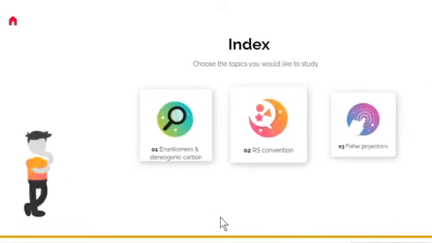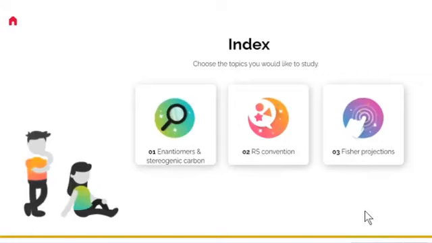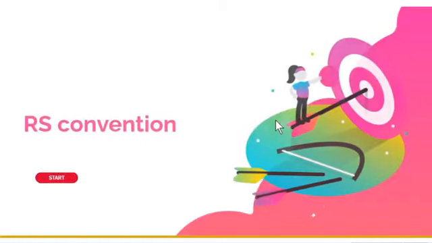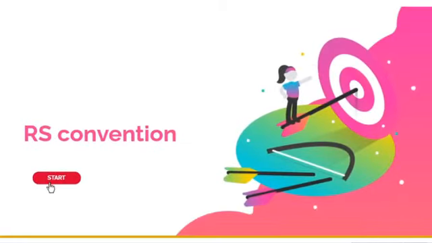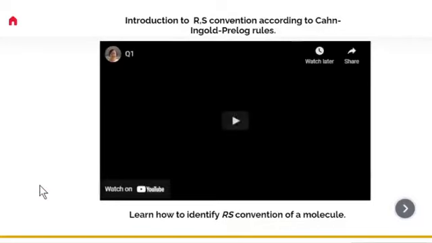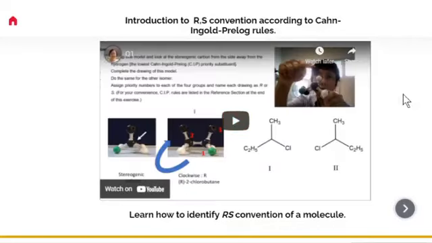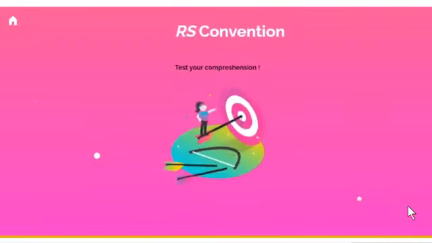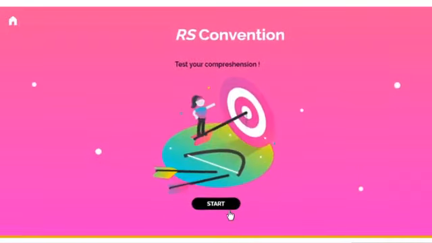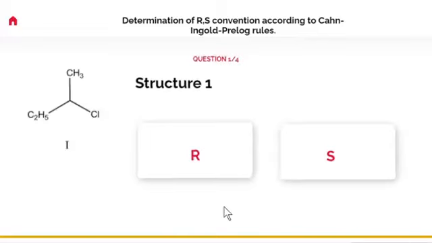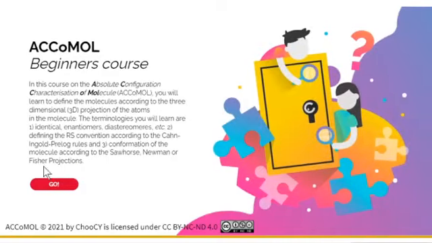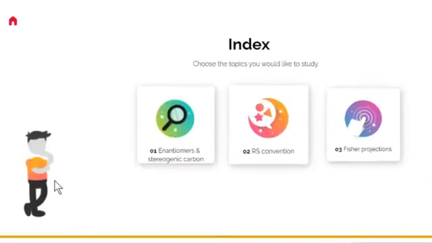And you press go, it will bring you back into the index, and you can try the RS convention. Again, the RS convention is just like the earlier enantiomer. You will have a short introduction, and then after you have completed the introduction, you will have to test your comprehension and decide which is the answer. It will bring you back to home when you press that, and it goes back to the index.